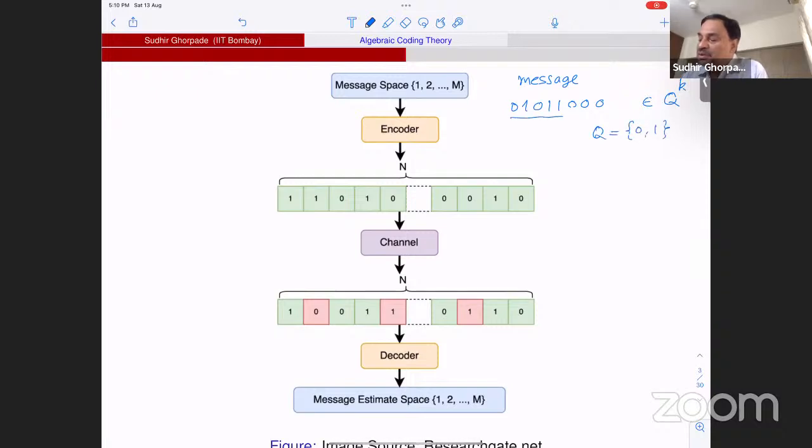Let's say you want to send it across. Of course, in practice your message is a string of maybe a million bits. What may typically happen is that when you send across this message, maybe one of the 0s becomes 1, and maybe you have a 1 here.